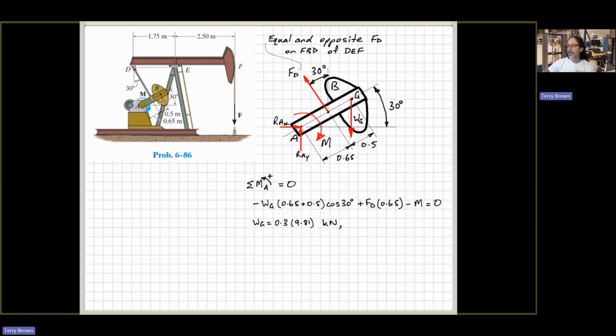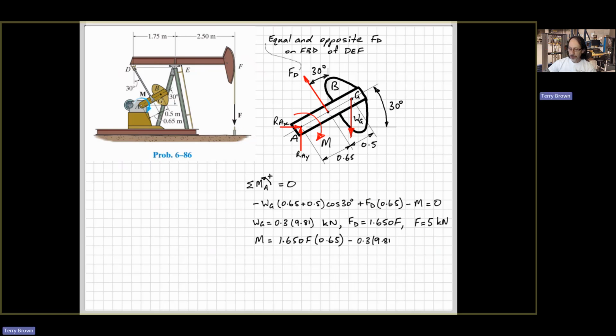And then we can rearrange that, or before we rearrange that, we're just putting in some numbers here. So we were given that the counterweight weighs 300 kilograms. I just converted here so we get an answer in kilonewtons, because our load out here was given as 5 kilonewtons. We worked out before that FD was 1.65 times F, and F is 5 kilonewtons.